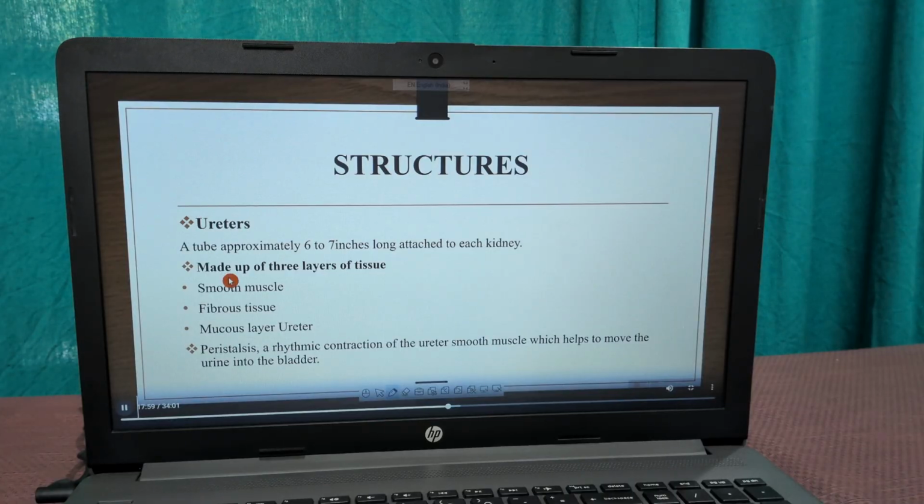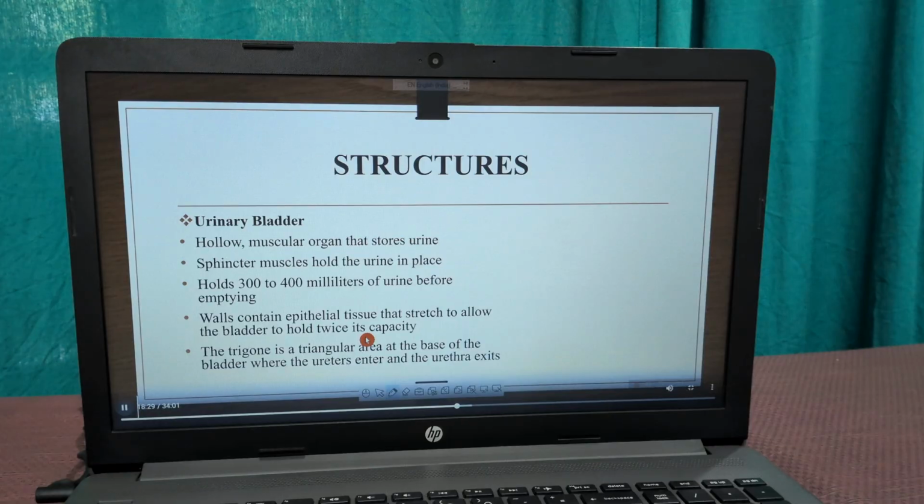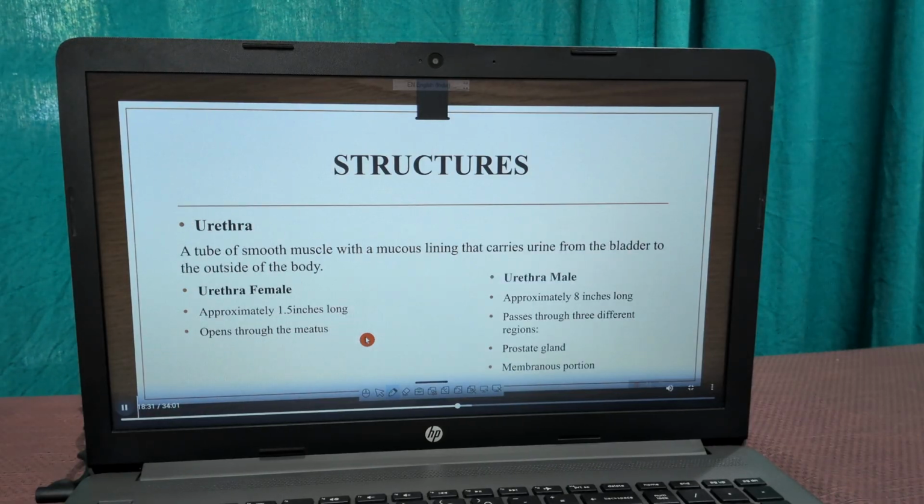The blood which is filtrated goes again into the bloodstream, and the urine which is filtered out from the blood enters the ureter. The smooth muscle present in the ureter helps in the rhythmic contraction for moving the urine into the bladder. This rhythmic contraction of ureter smooth muscles is called peristalsis.